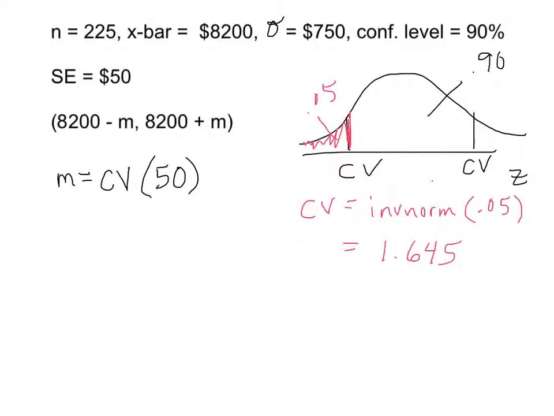The left side is negative, the right side would be positive. So going back to my margin of error over here, my margin of error is now 1.645 times 50, which is $82.25 that we have to tack on to our error of loan values.